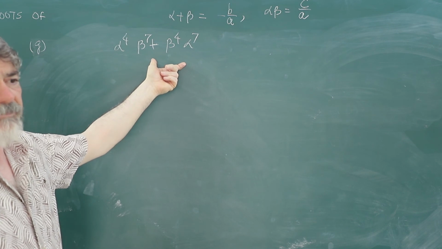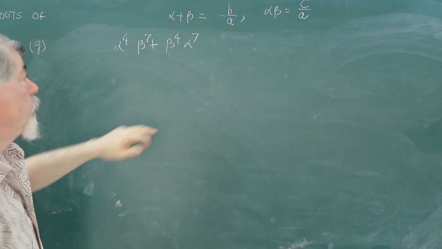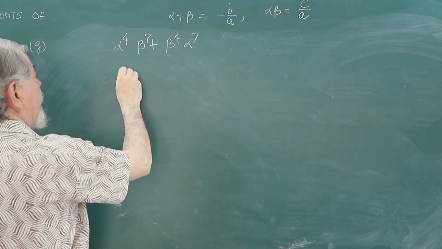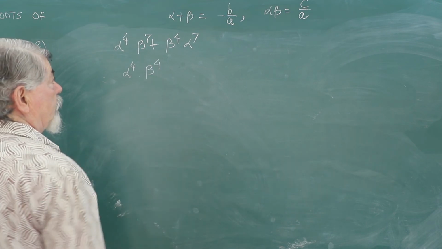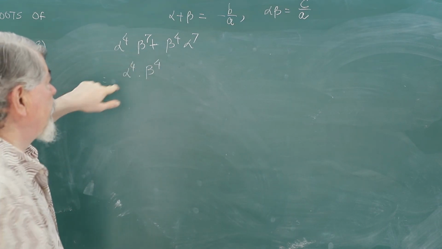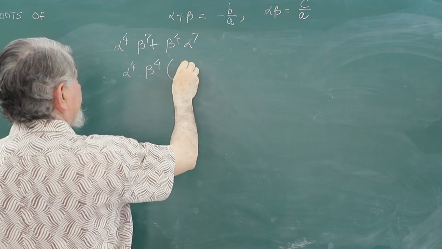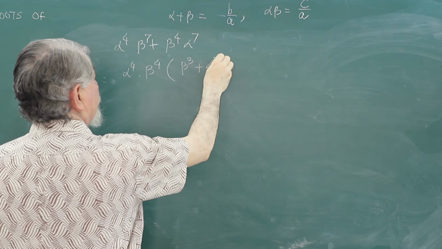So what I can do is take out the common. What can I take out common? Alpha to the power 4, beta to the power 4. I can take out alpha to the power 4 beta to the power 4 common, and what will be left here? Beta cube plus alpha cube.